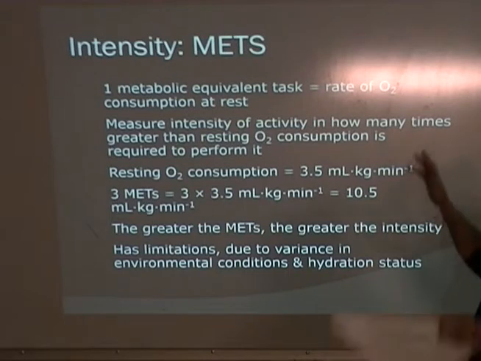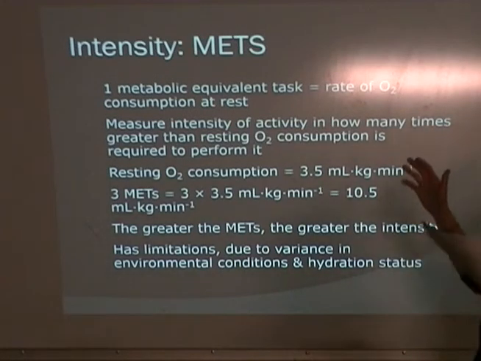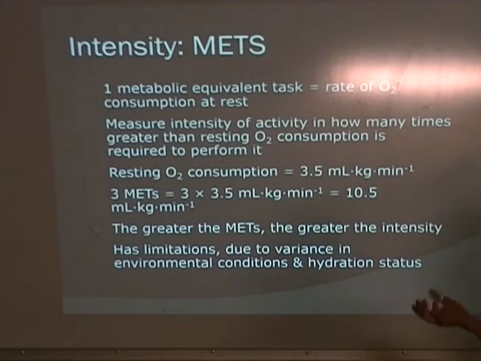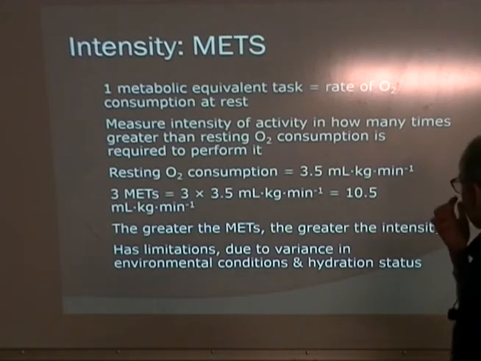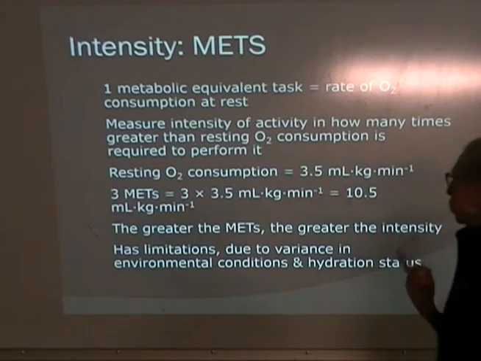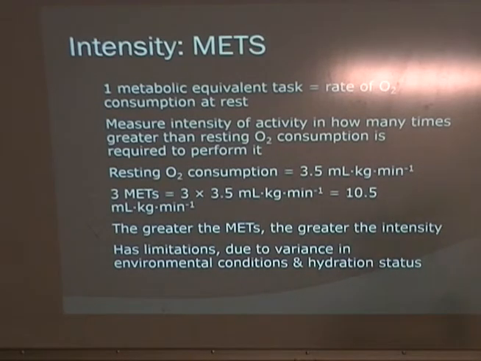A little bit more for a very big muscular person, less for a small, less muscular person, but on average 3.5 milliliters per kilogram per minute. So that's one MET. So 3 METs means I'm working 3 times harder than I am when I'm at rest. So 3 by 3.5 is 10.5 milliliters per kilogram per minute.